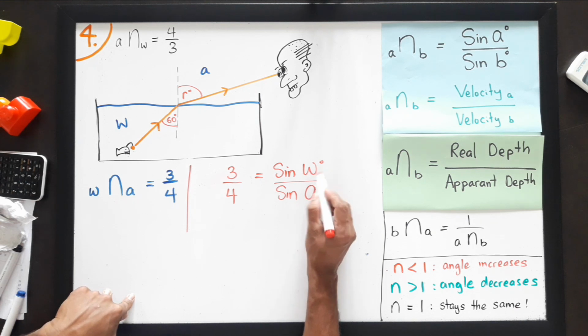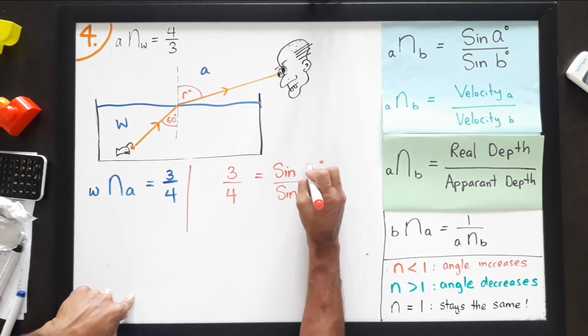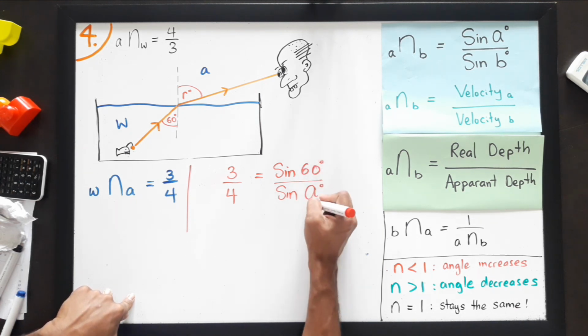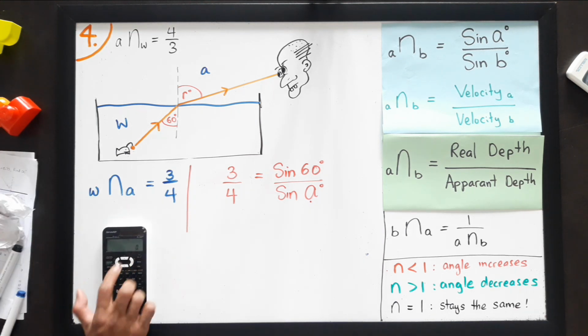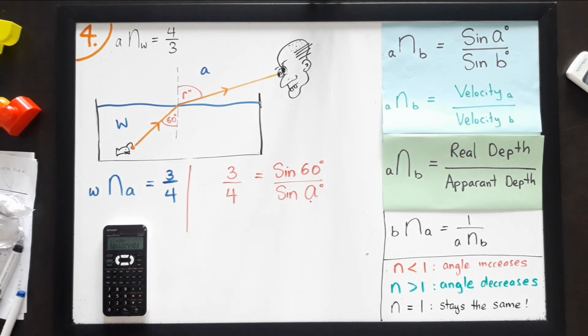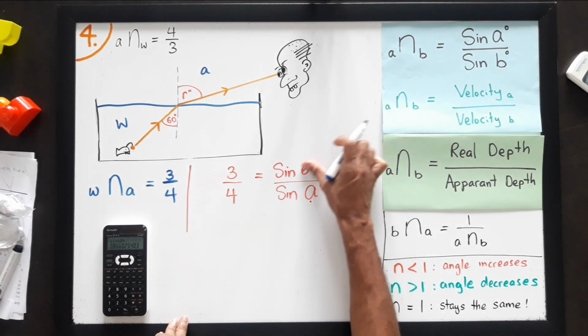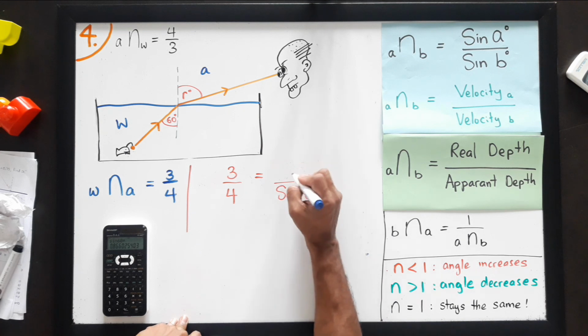What's the angle in water? 60 degrees. And of course, we are trying to find the angle in air. So let me use my calculator and figure out the value of sine 60. Sine 60 is 0.87. So I can erase this entire thing because sine 60 is 0.87.